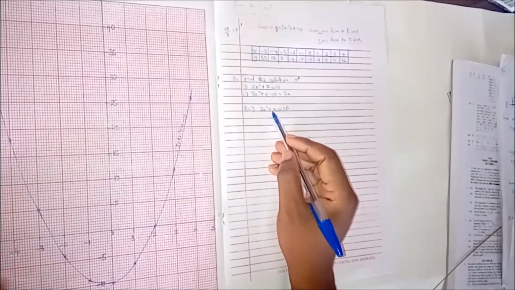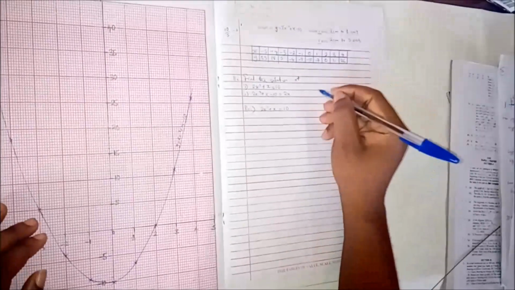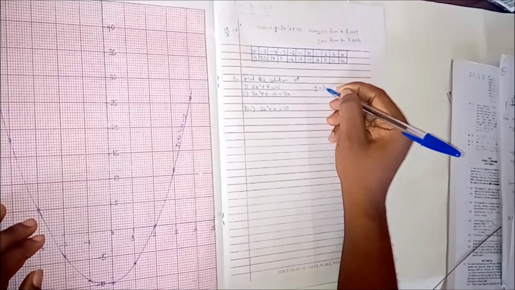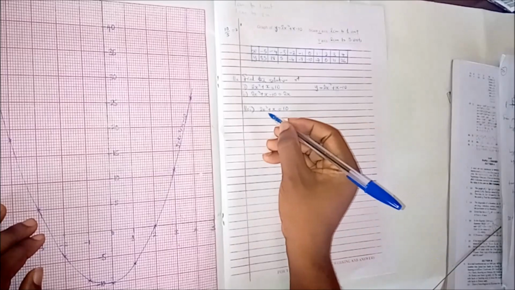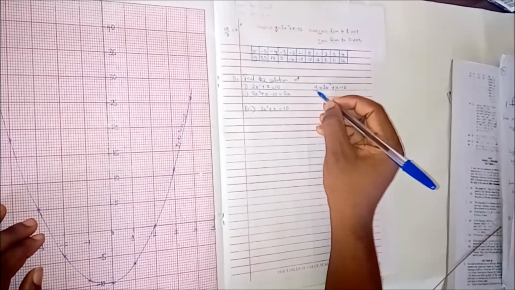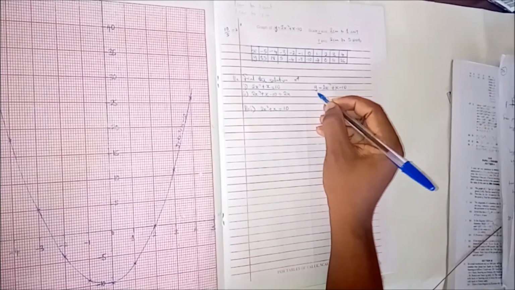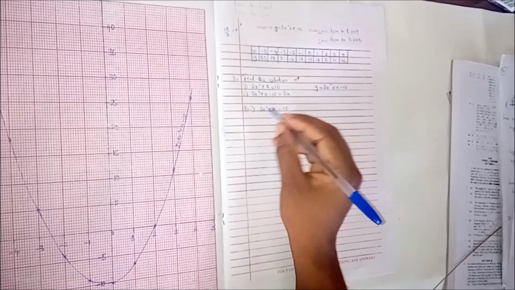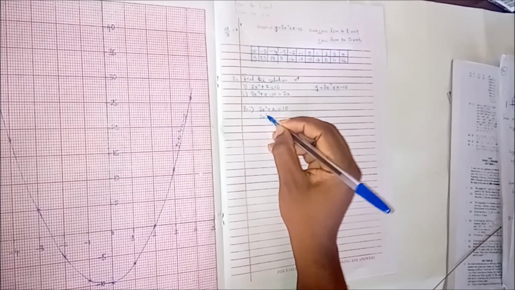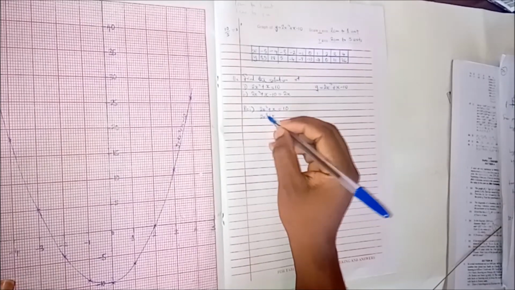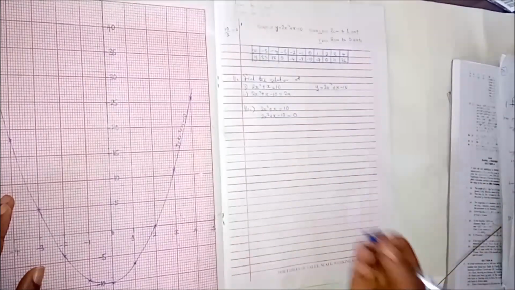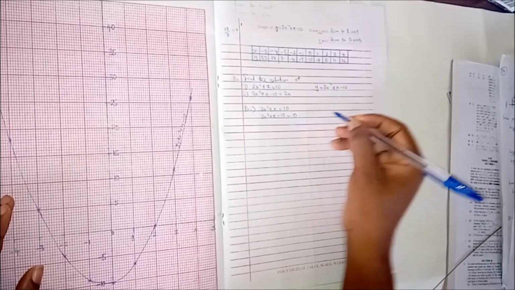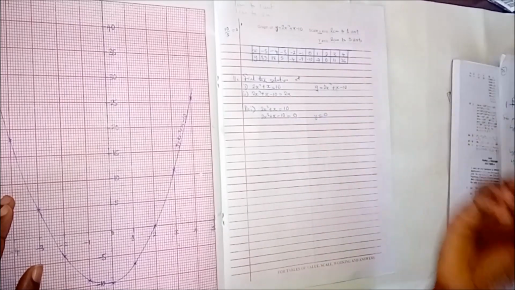So we have to equate this to look like y equal to 2x squared plus x minus 10. In doing that, taking 10 to this side, we have 2x squared plus x minus 10 equal to, we are left with 0. So it means here that y is equal to 0.